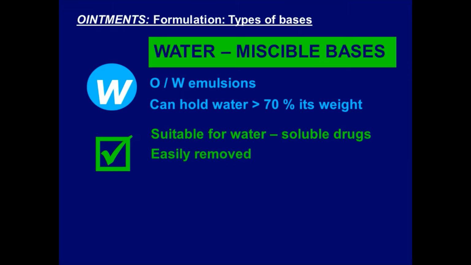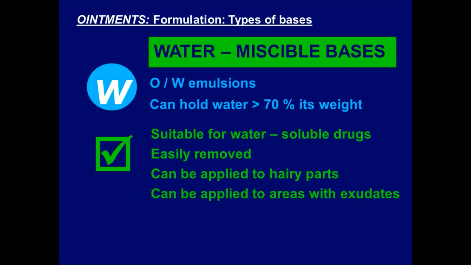They are easily removed due to the presence of water in the external phase, so they can be applied to hairy parts. They are not occlusive because the oleaginous substance content is relatively smaller than in other bases. Because they are not occlusive, they can be applied to areas with exudates.